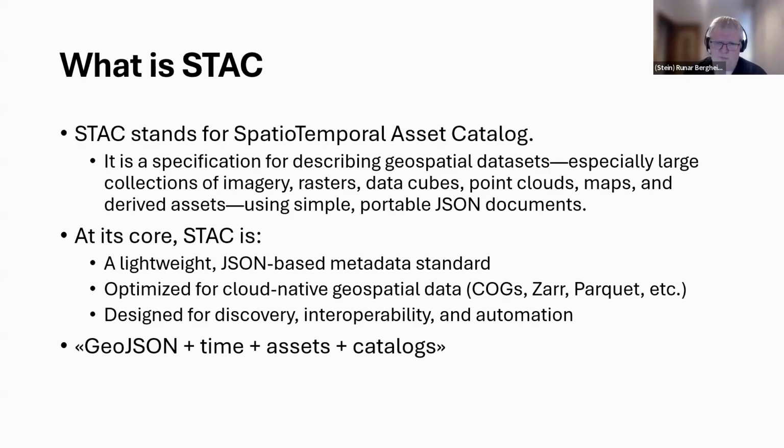So from our point of view, with data stored in a way that we can easily retrieve it, a little bit along the same line as these tile caches that you find in web map applications, and we have metadata that travels over JSON, it means that we have a very simple tool to access and slice and dice data from remote sources. So GeoJSON plus time plus assets plus catalogs. That would be STAC.